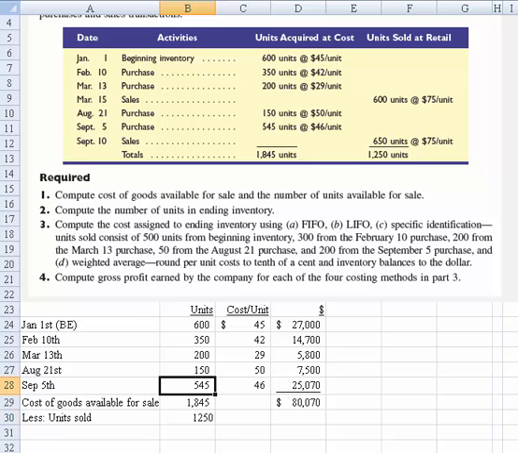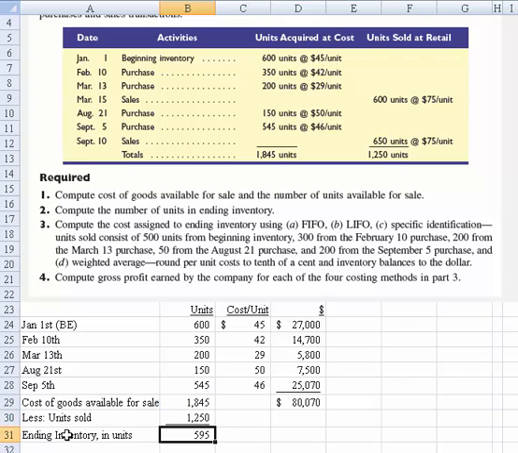Let me format that, and I will come up with the number of units in ending inventory. We'll just say in units. And if I take that number less the 1250, I've got 595. And that takes care of part 2, everyone.